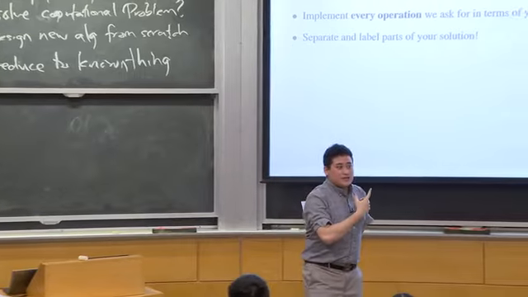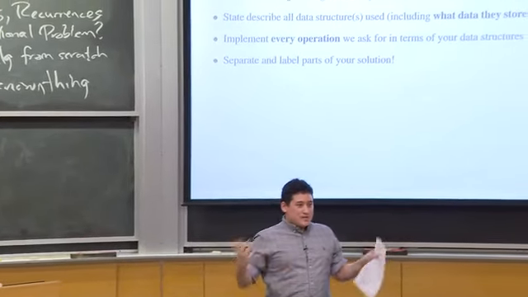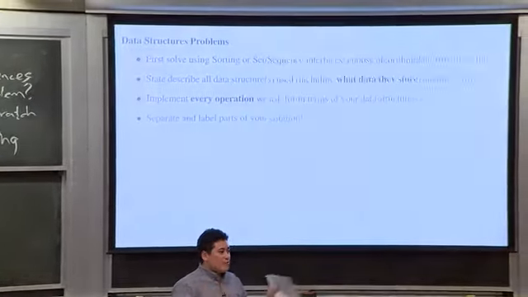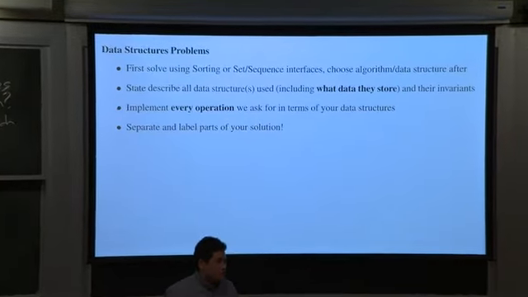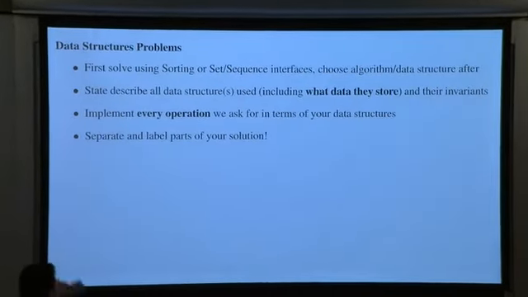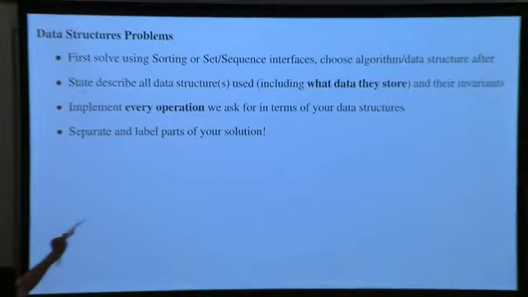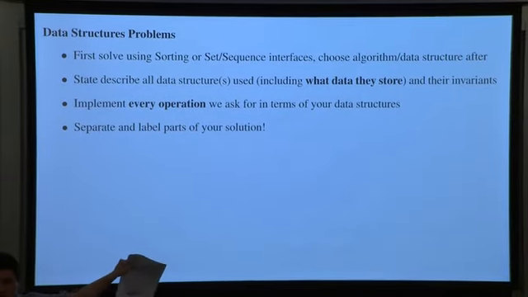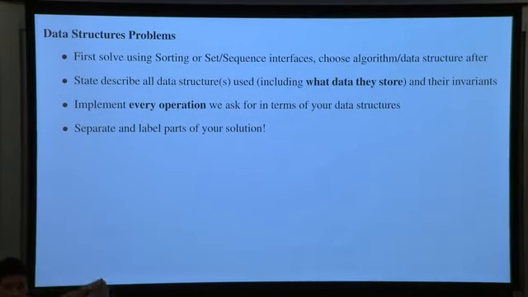Okay, the second bullet is just setting up a data structures problem, right? There's a lot of moving parts. We're going to do 2 data structures problems at the end of this session, right? Describe all of the data structures you're using, including what they store. If you're storing a set data structure, you better tell me what the things you're storing are keyed on.